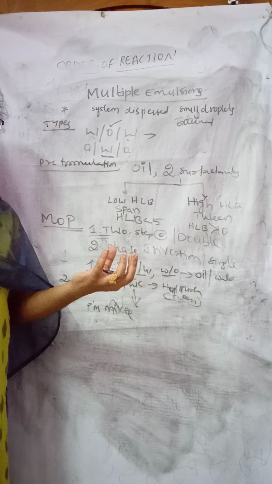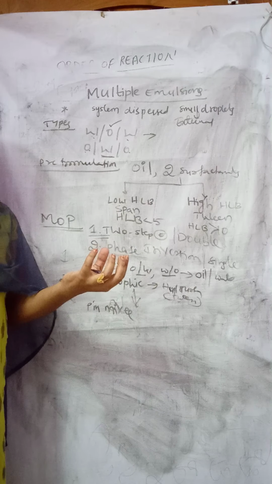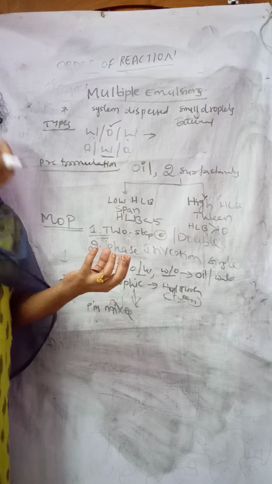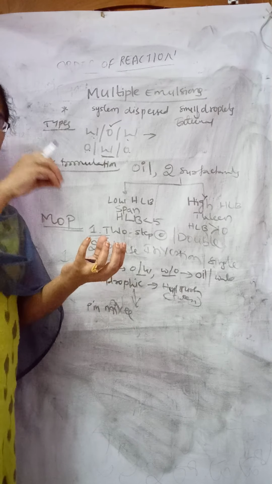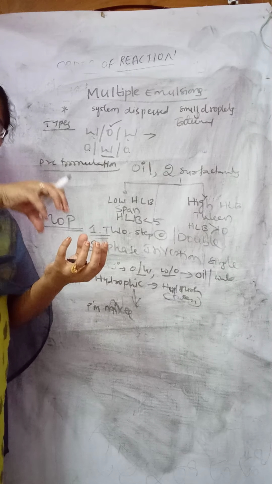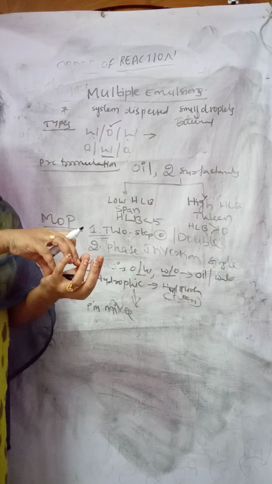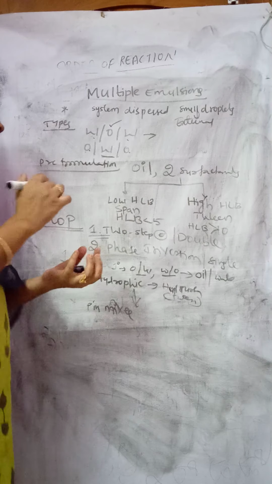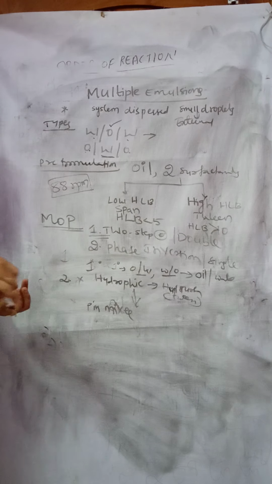Once you place the oil in the pin mixer, you add the aqueous phase dropwise, which contains the hydrophilic surfactant. While adding the aqueous phase to this oil phase, the pin mixer should be rotating at 88 rpm, 88 revolutions per minute.